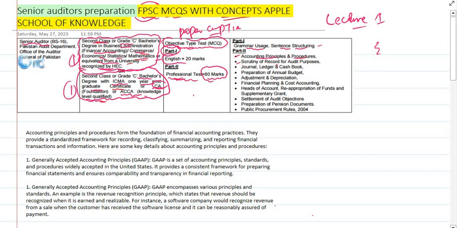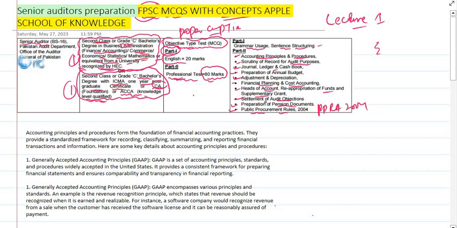The syllabus of part 2 will be accounting procedure and accounting principles. Then you have scrutiny of records for audit purposes. Then you have general ledger, cash book, preparation of annual budget, adjustment and depreciation, financial planning and cost accounting, head of accounts, appropriation of funds and supplementary grant, settlement of audit objections, preparation of pension documents, and the last is the public procurement rules, which we call PPRA.